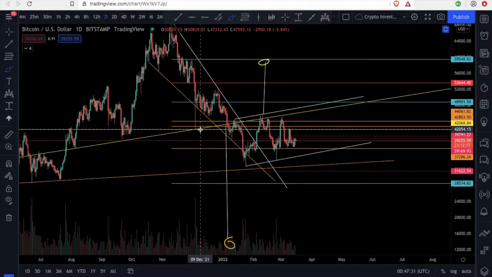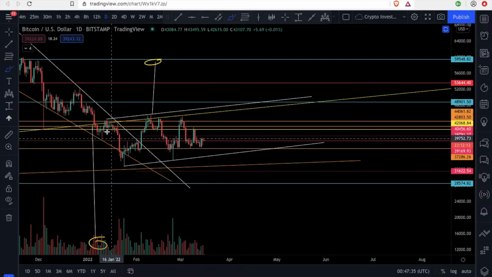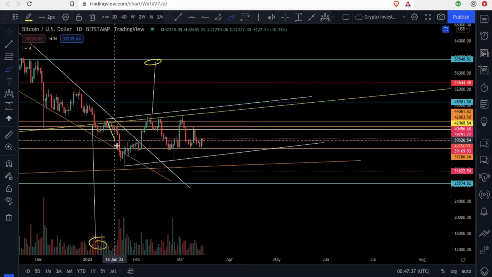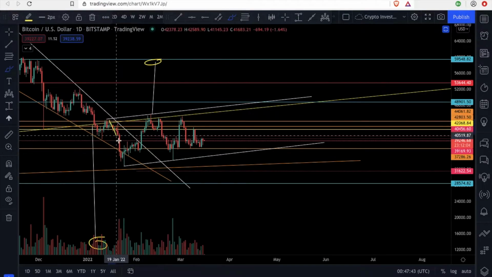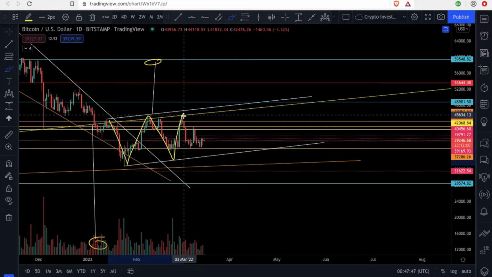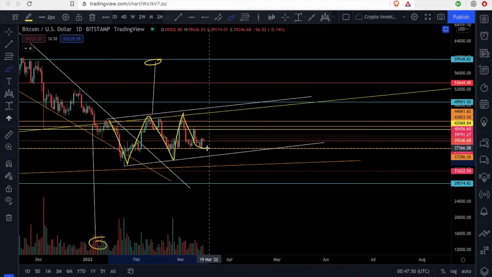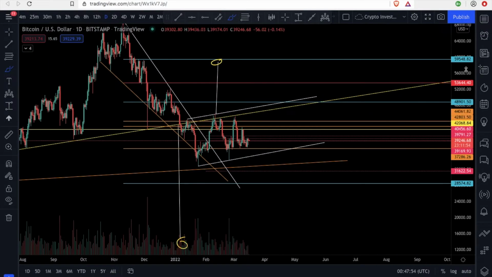It's very clear right there. And using this like a bearish flag scenario, you can see here the support, resistance, support, resistance there, and here. So this is a consolidation territory for the Bitcoin price right now.